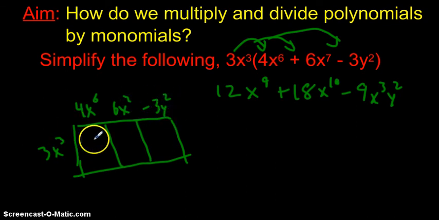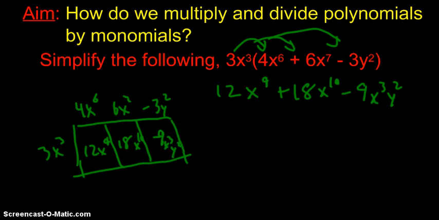And you could find the area of each piece and put them together and you'll get this. This is 12x to the 9th, this is 18x to the 10th, and this is negative 9x to the 3rd, y to the 2nd. And no, I'm not actually multiplying them now, I'm just looking here because these are those. And you put them together, you get the area of the carpet, in this case.